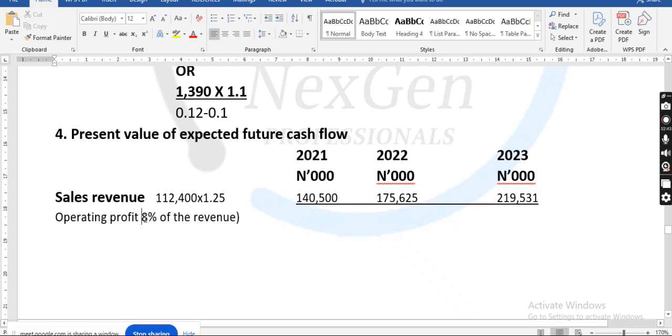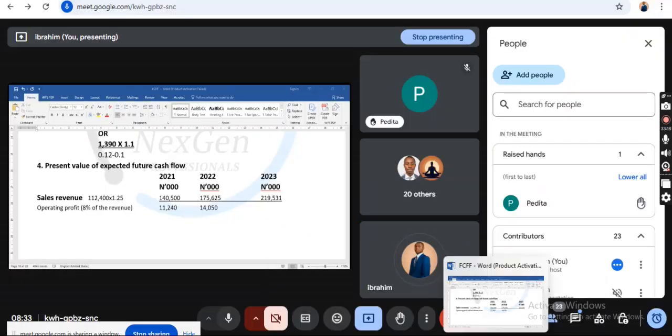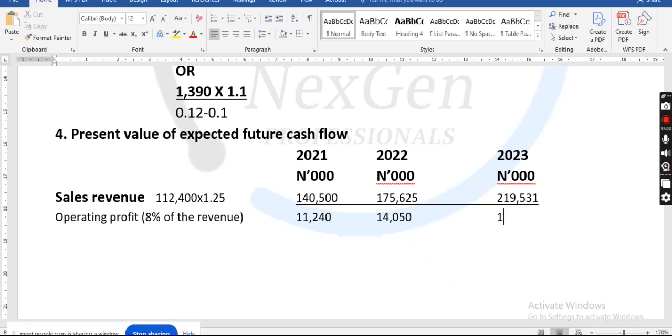So please figure: 11,240. Next, 14,050. Next, 17,562.